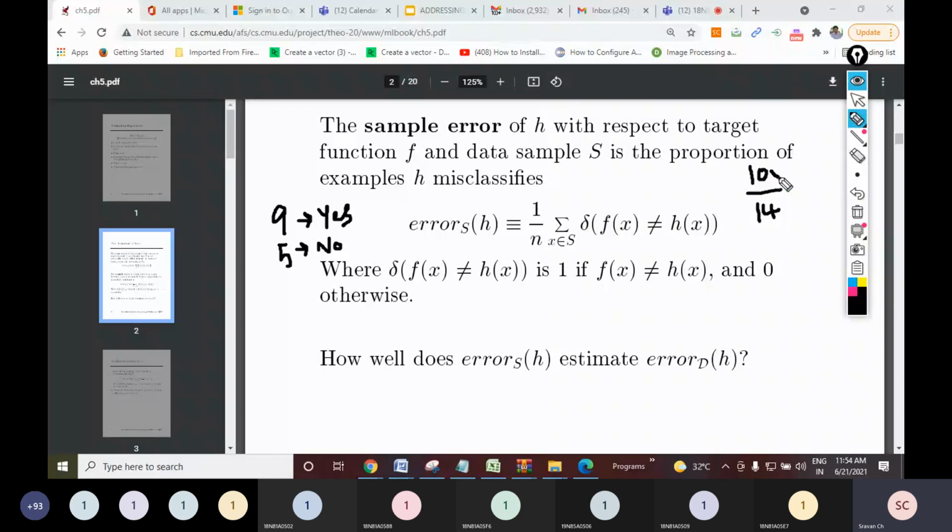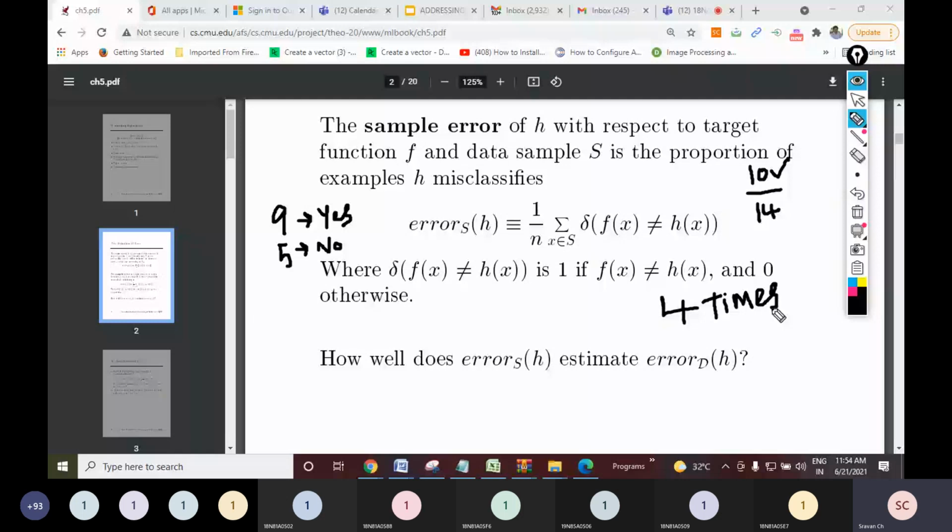So how many times was it giving a misclassification? 4 times. So friends, if you observe, sample error is always an integer. It cannot be a fractional value because it is not a probability, it is just a count.